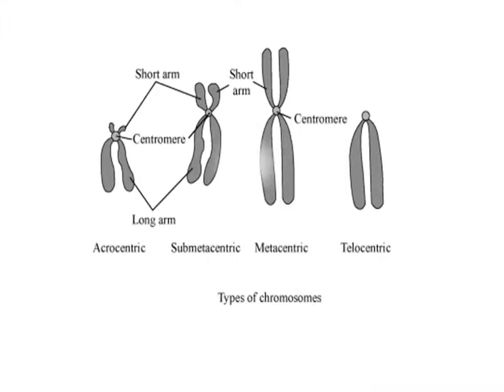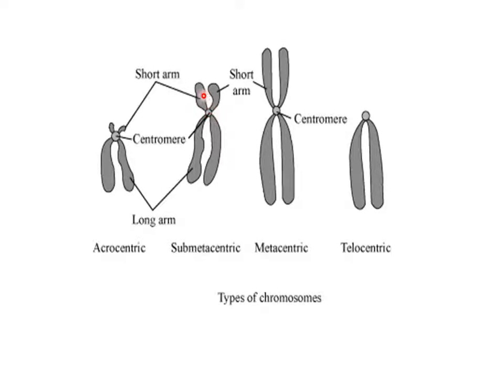Here you can see the different types of chromosomes based on the position of the centromere. In acrocentric, the centromere is located at the terminal position. One arm looks very short and the other arm looks long. In submetacentric, it is in the subterminal position.